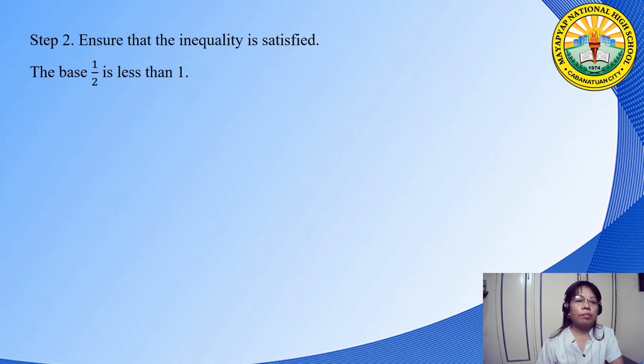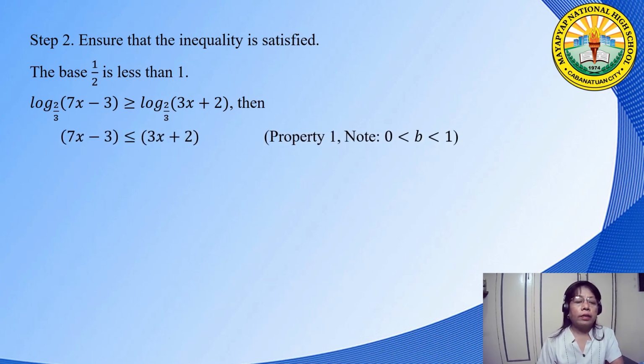The base 2/3 is less than 1. So logarithm of quantity 7x minus 3 to the base 2/3 is greater than or equal to logarithm of quantity 3x plus 2 to the base 2/3. Then you reverse the inequality since the base is less than 1.